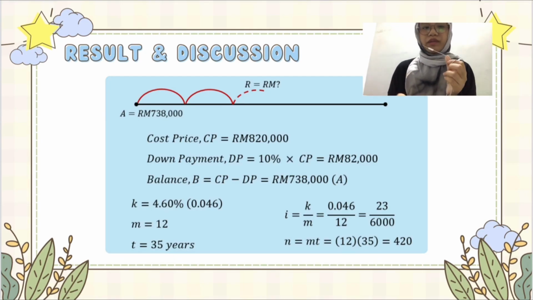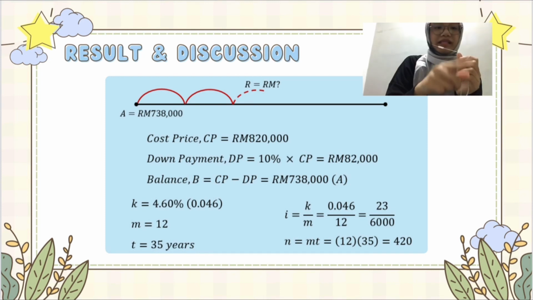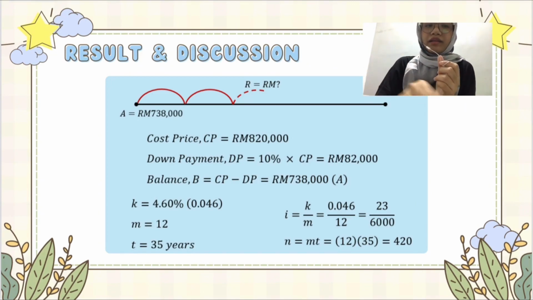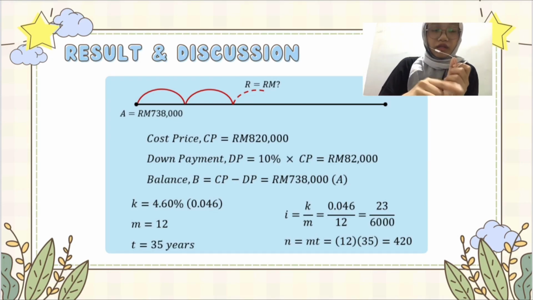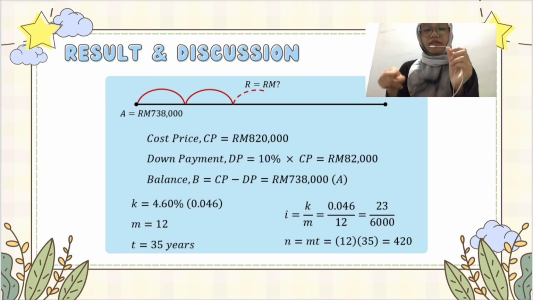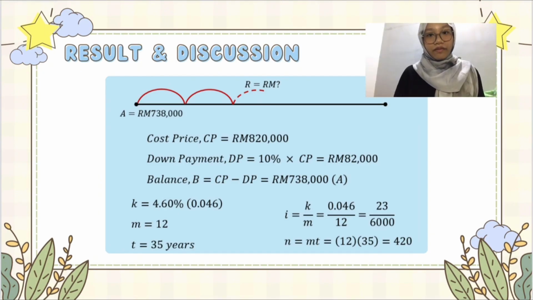The K equals 0.046, and for M 12, T 35 years, and I equals K divided by M, equals 0.046 divided by 12, equals 23 divided by 6,000, and N equals M multiplied by T, equivalent to 12 multiplied by 35, so N is 420.